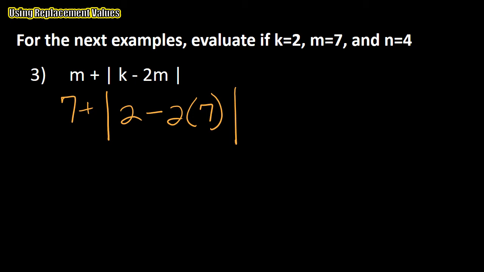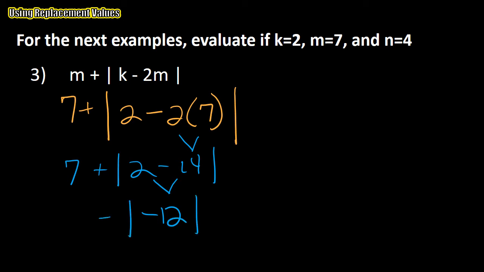I have 2 minus 2 times 7, so I have multiplication first, which is 14. I'm going to rewrite everything out. Then 2 minus 14 is negative 12, plus 7. You can see I rewrote the absolute value bars here. The absolute value of negative 12 is positive 12. So I have 12 plus 7.